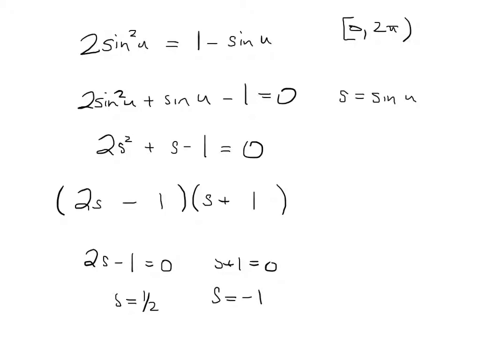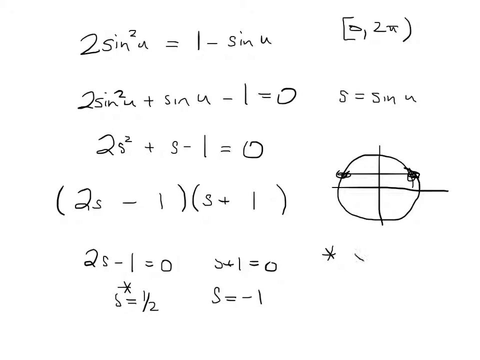So what we really want is sine of theta equal to 1/2. We actually already did that earlier in the video. That was these two spots. So star produces x equal to pi over 6 and 5 pi over 6.